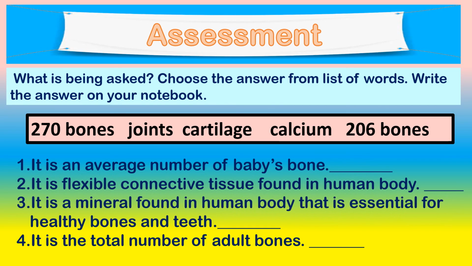The questions are, number 1, it is an average number of baby's bones. Number 2, it is flexible connective tissue found in the human body. Number 3, it is a mineral found in the human body that is essential for healthy bones and teeth. Number 4, it is the total number of adult bones. So you're going to identify what's being asked.